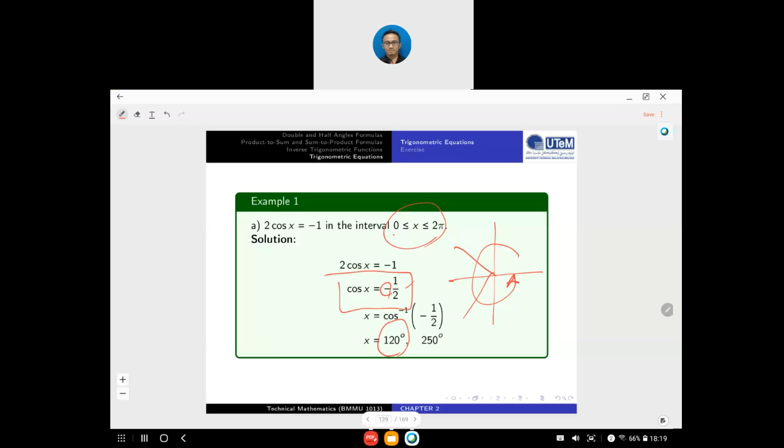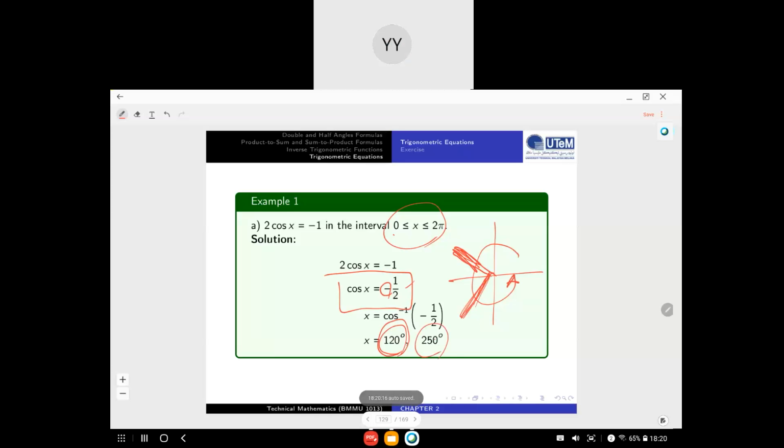Okay, here cos is negative. We know that when cos is negative it is placed in the second quadrant and then the third quadrant. For the second quadrant it is 120 degree. For the third quadrant, awak kena carilah sudut sepadan dia. Okay, reference angle. So this one equal to 250 degrees? Silap kejap, saya tekan tengok.